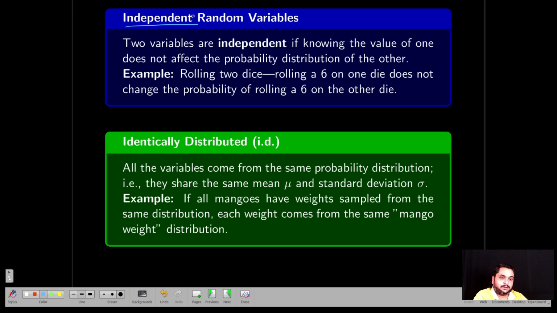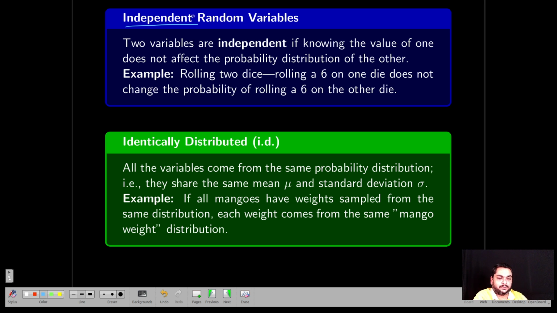So x1, x2 are said to be independent if x1 has no effect on x2 and x2 has no effect on x1. For example, rolling two dice, rolling a 6 on one die does not change the probability of rolling 6 on the other die. The probabilities of getting 6 on each die are independent. That is the meaning of independence.